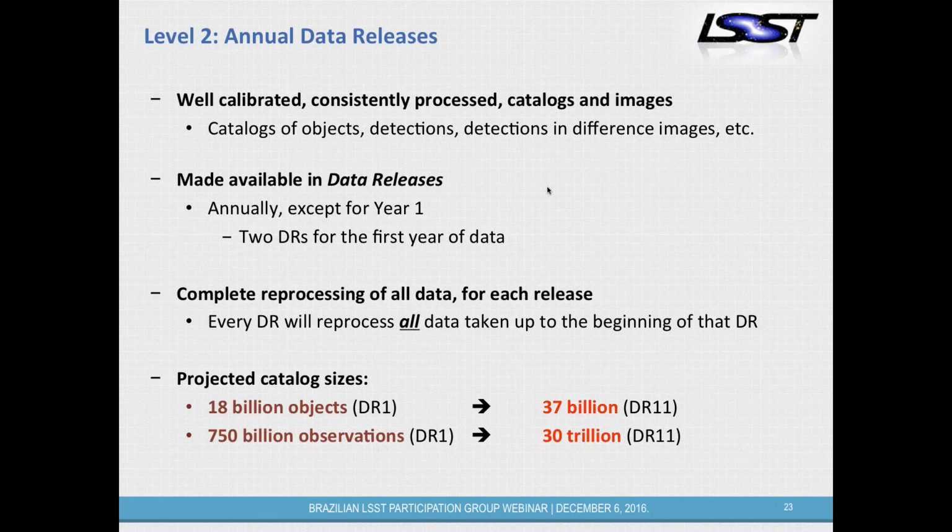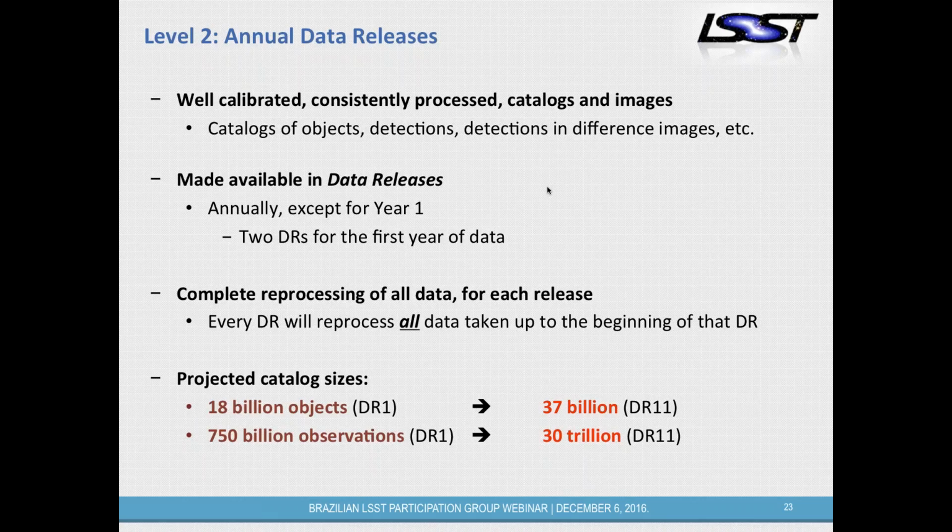Projected catalog sizes are going to go from something on the order of 20 billion objects in DR1 to 40 billion in DR11. And the interesting thing here is that DR1 will be based on only 6 months of data, while DR11 will be based on 10 years. But the increase in the number of objects is only a factor of 2, which you may find curious.